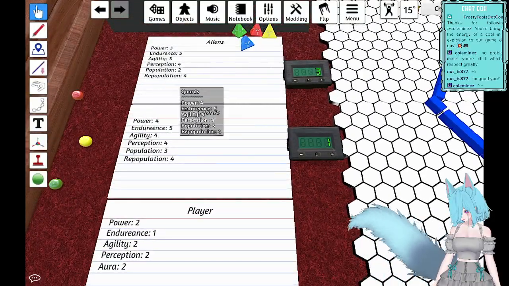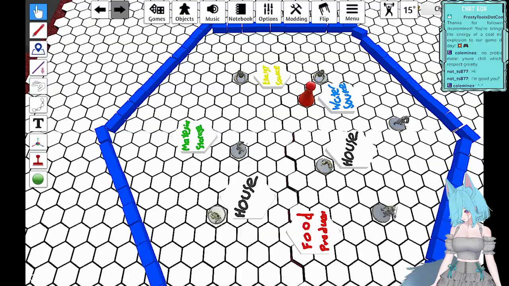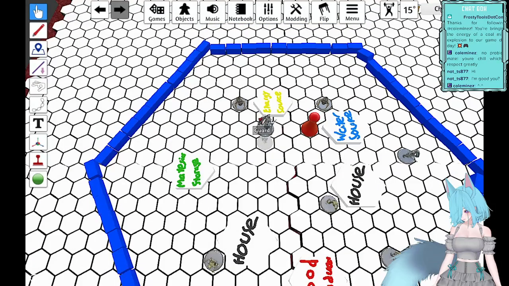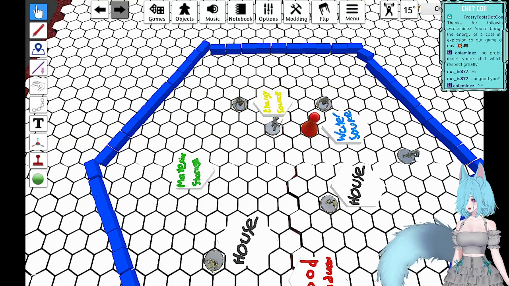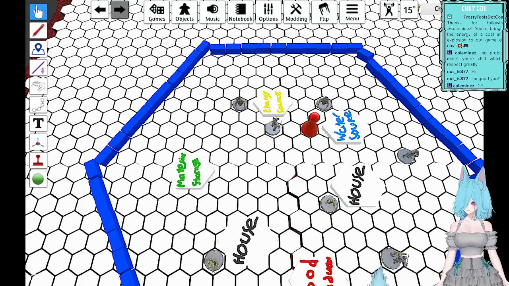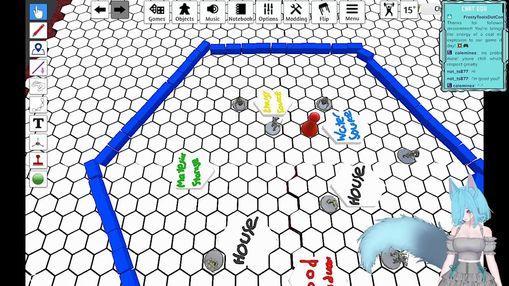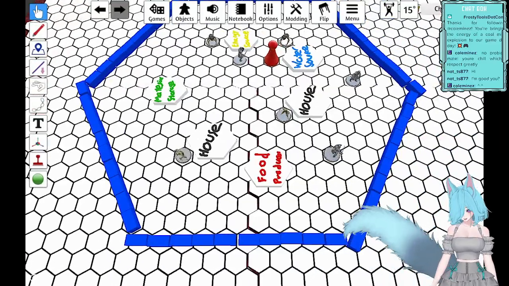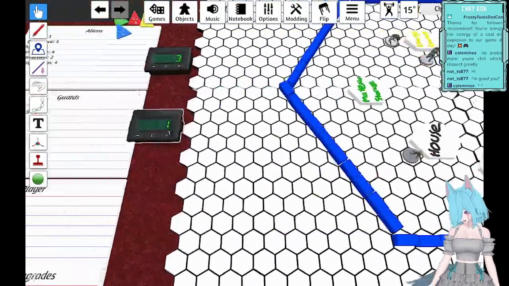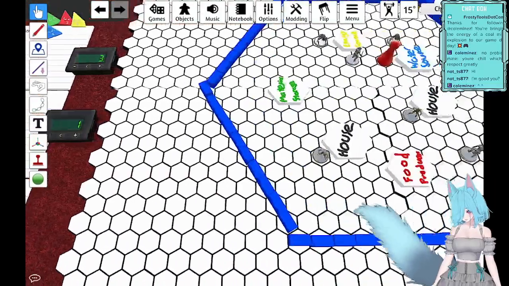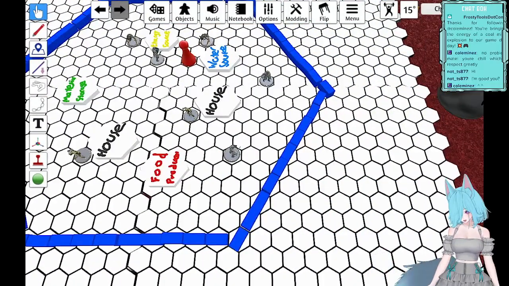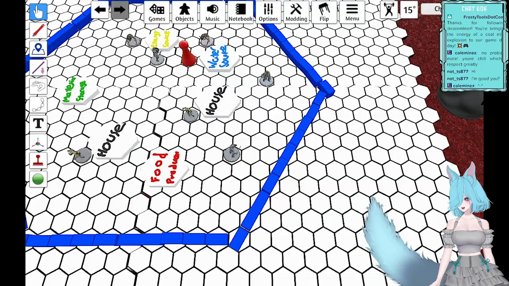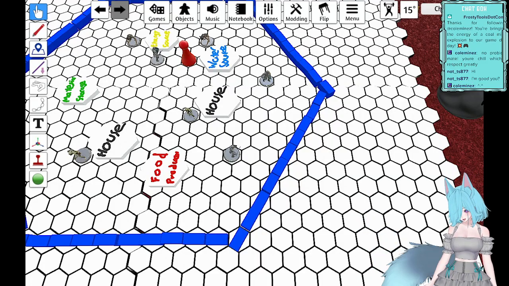The guard has agility 4, which means 1, 2, 3, 4. This is scary. Then this guard, he's also looking. Yeah, that's the thing now. They have so much perception now. They're gonna constantly change directions. 1, 2.